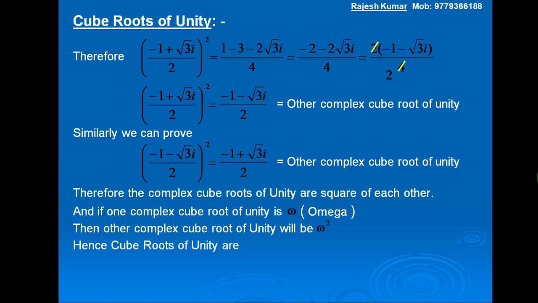Hence, the cube roots of unity are 1, omega, omega square, where omega is equal to minus 1 plus under root 3 iota upon 2, or omega is equal to minus 1 minus under root 3 iota upon 2. So these are the cube roots of 1, or cube roots of unity.